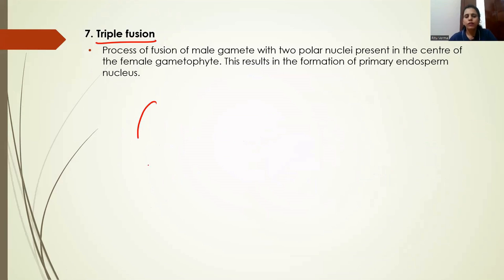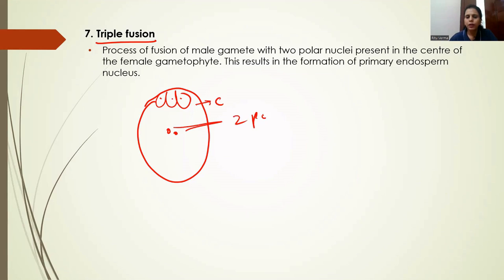In this female gametophyte, 3 antipodal cells are present at the chalazal end. In the center we have the 2 polar nuclei. Here we have a degenerating synergid, one normal synergid, and the egg cell.